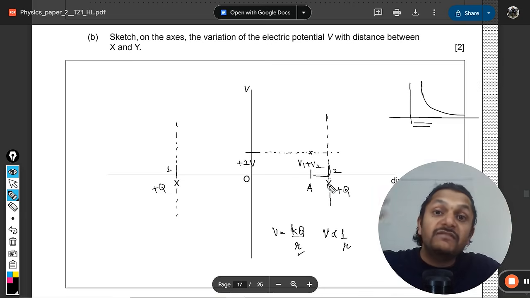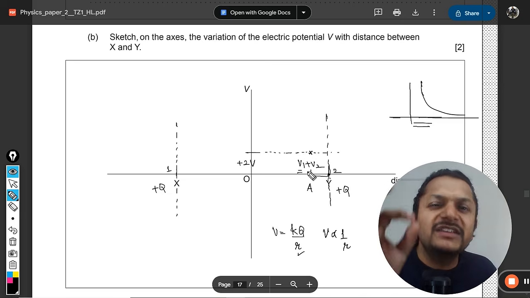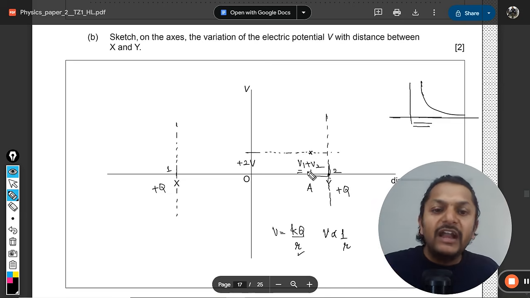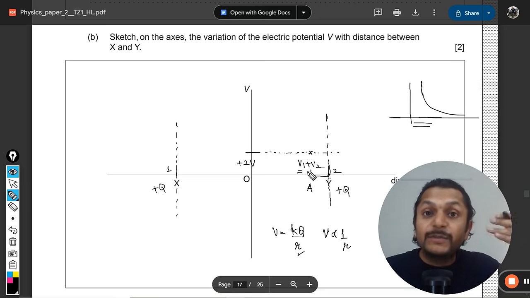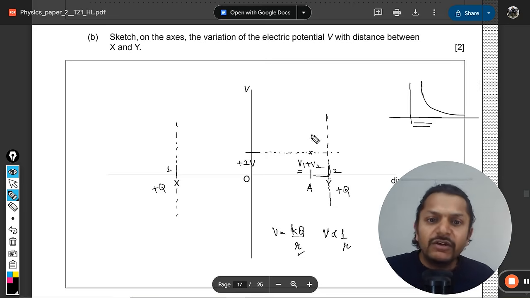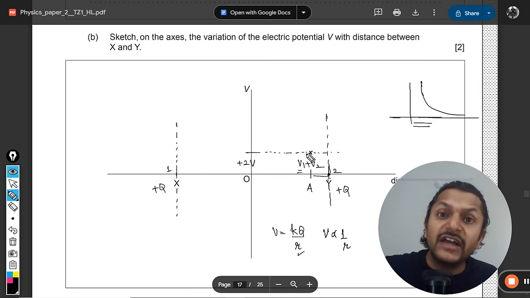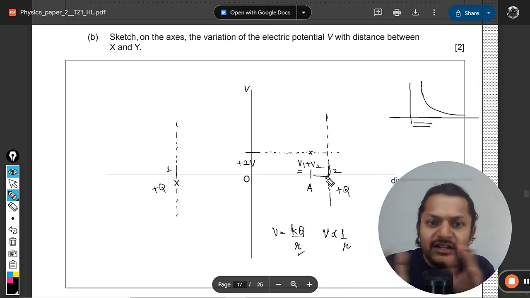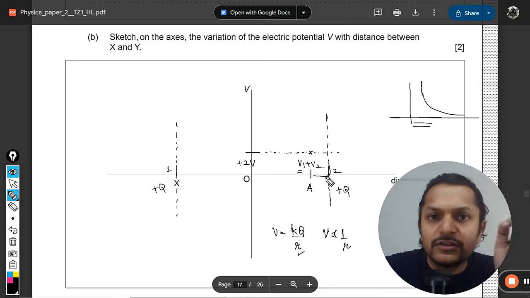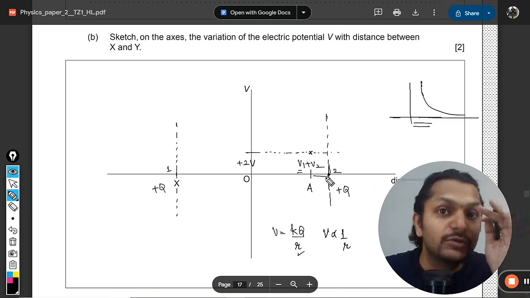So V1 is reducing its value by a very small amount, and V2 is increasing its value by a very big gap, tending to infinity. It means that the closer you are, the more the total potential rises, so much so that when the distance tends to zero, the total potential will tend to infinity. There will be an asymptote there.